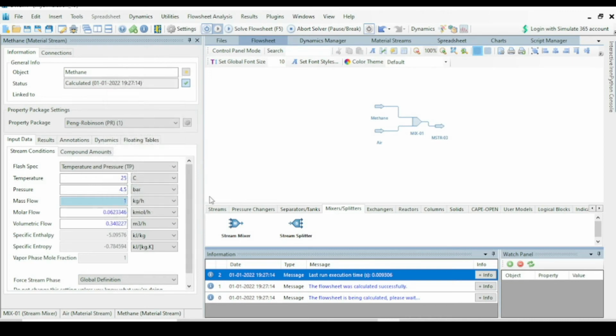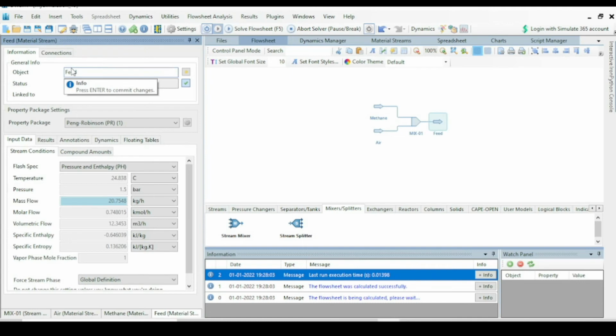Because air flow rate is 11 times of methane molar flow rate. Okay, so I just multiply it with 11 with this number, and then I will insert that value here, and the value is 0.6856806 and press enter. Okay, so now this is our feed stream which is ready to go into the reactor.